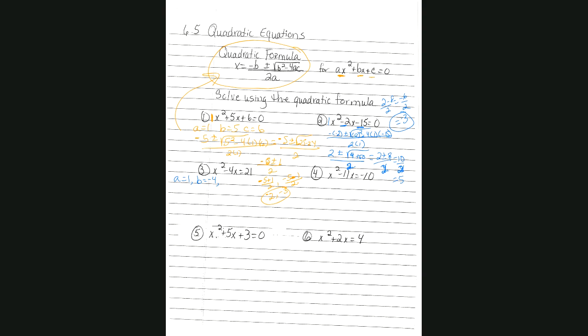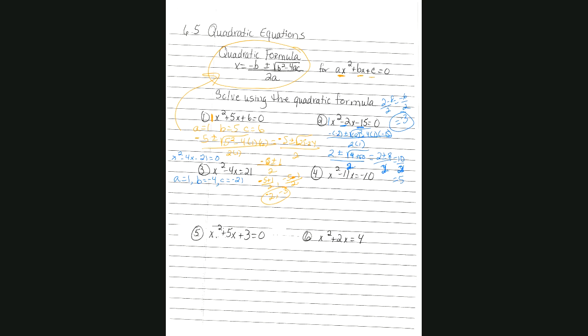And your C is going to be negative 21, because you have to first make sure the equation is equal to 0. So you have to bring it over. And I'll write up top, it'll be x squared minus 4x minus 21 equals 0. All right, so my C is negative 21.